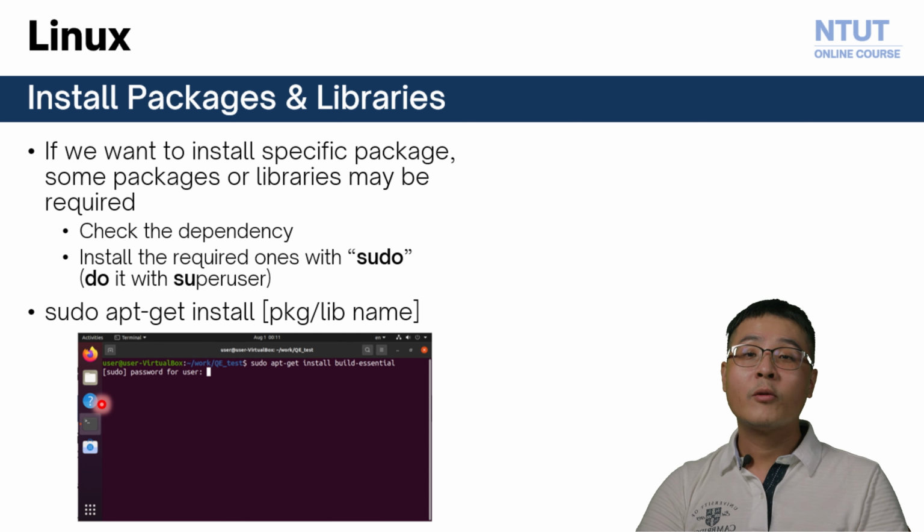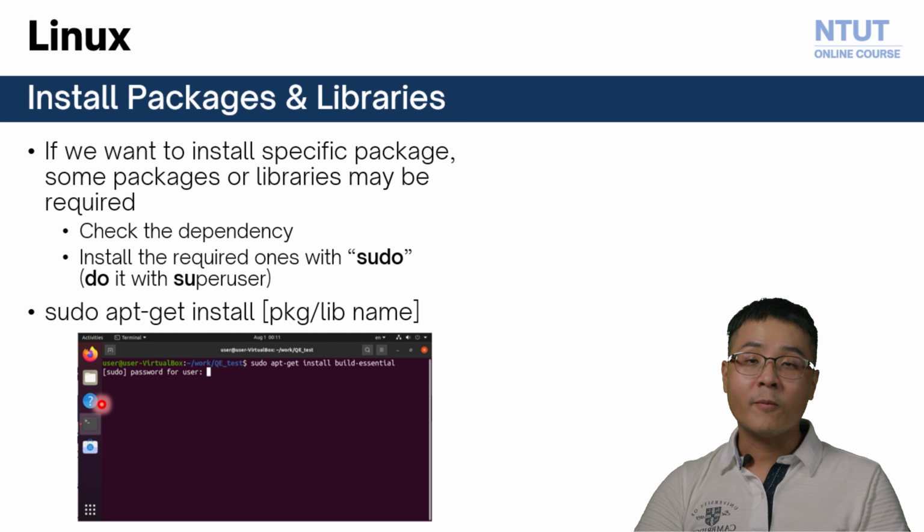And we have to know, if you want to install something in Linux, you have to add sudo before the installation command. And sudo is an abbreviation of "do it with super user", which means you are trying to install it as administrator in Linux.